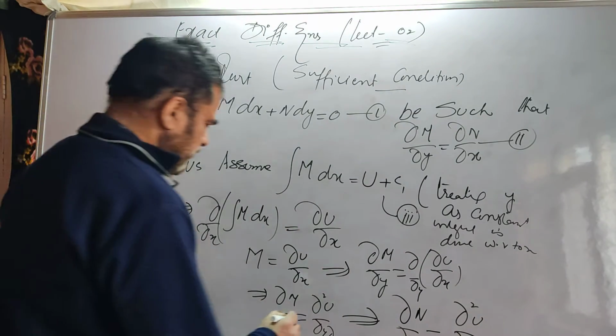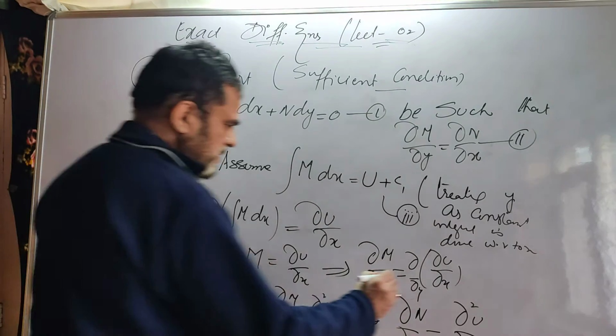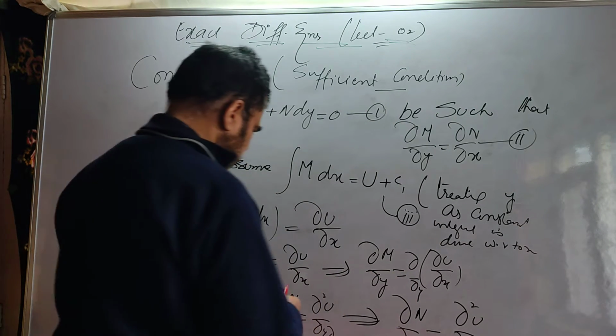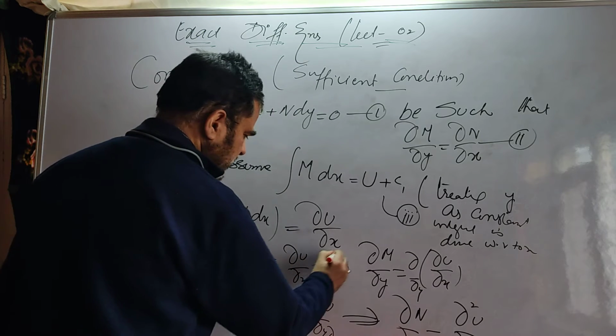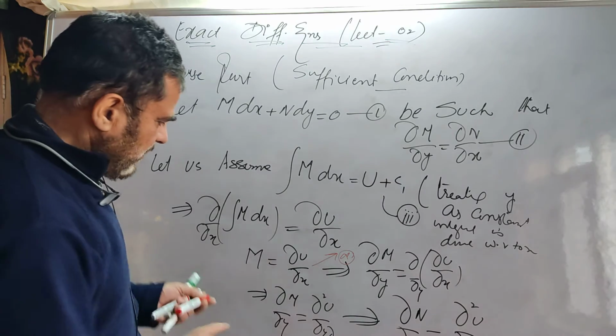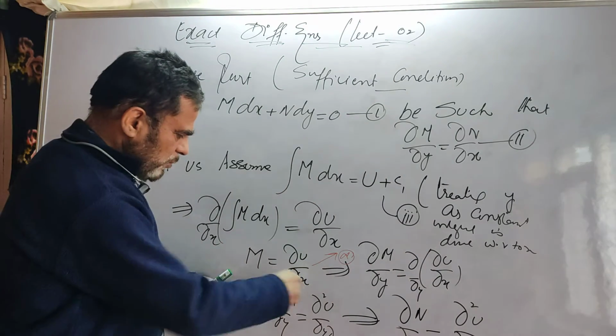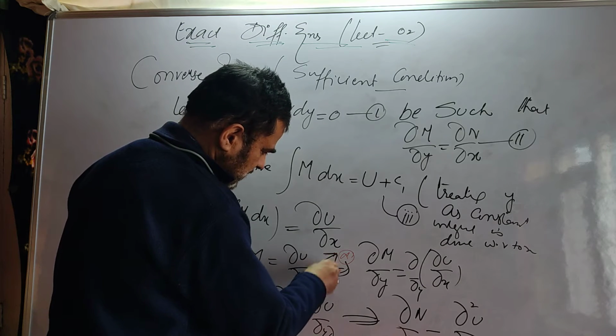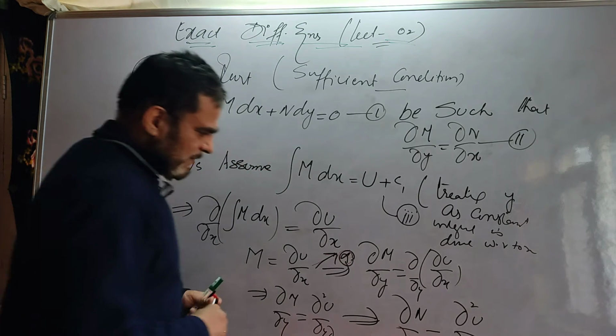So I have got here M is equal to dou u by dou x. I will need this later on. I will name this equation alpha. I may need it in another setup.